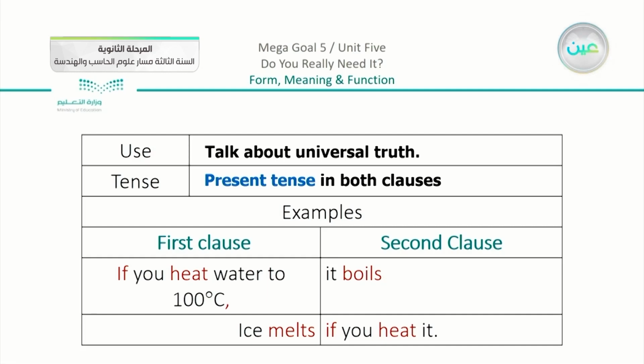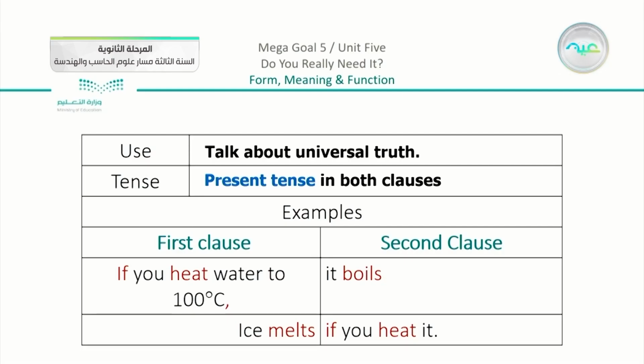Now you can see that in the other example, we rearranged the sentence, which is the same as we did in the adverb clauses, but we still have the same meaning. So we can say, ice melts if you heat it. Ice melts is the main clause, a fact, and it is in the present simple. If you heat it is the if clause, and also we used heat, which is the present simple. So we have here the zero conditional.